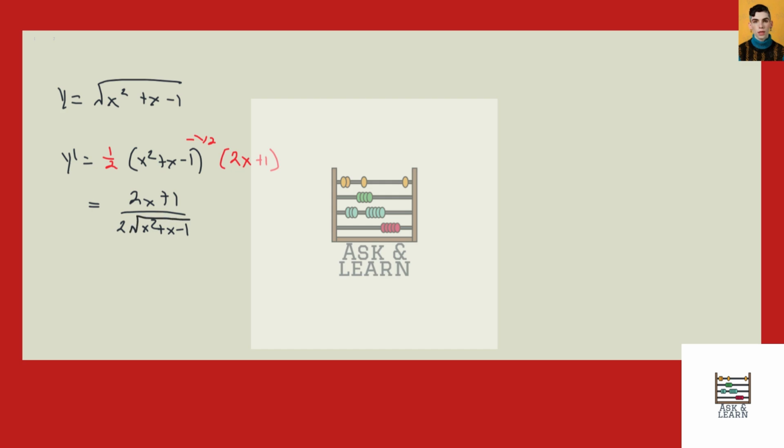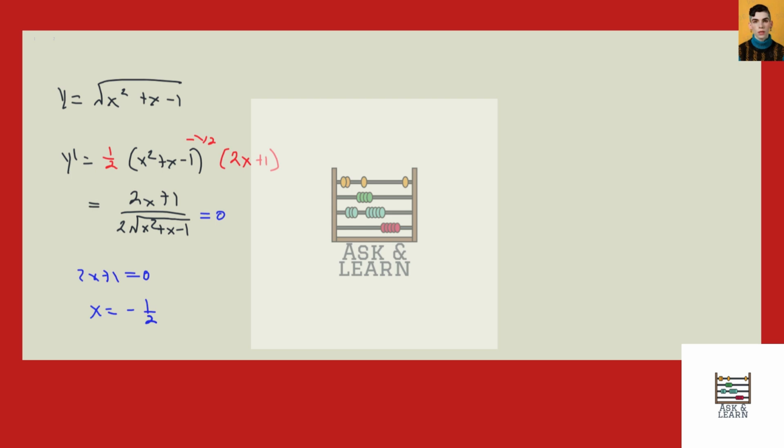To find our critical values, we set this function equal to 0. When we solve for that, we get 2x plus 1 is equal to 0, since nothing we plug into the denominator will ever make the function equal 0. That tells us x is equal to -1/2.